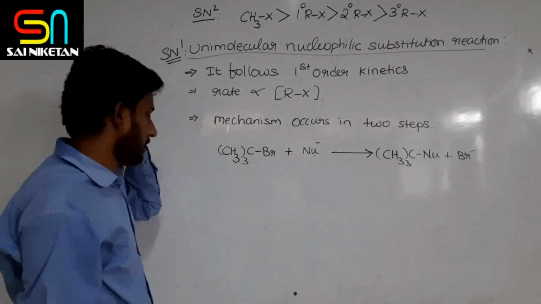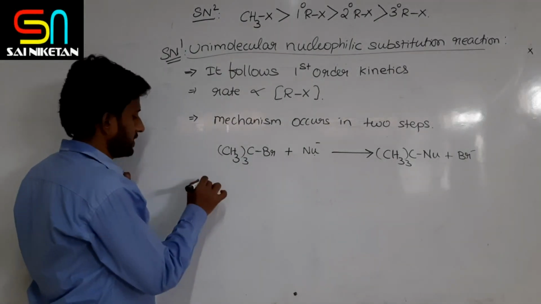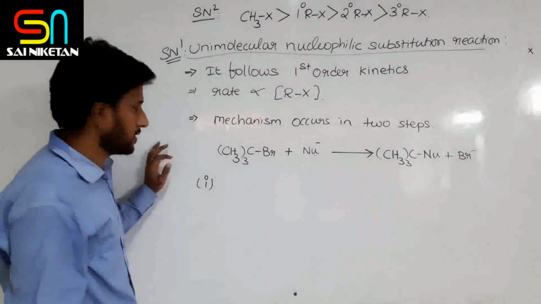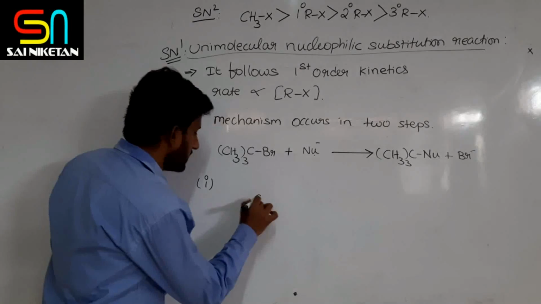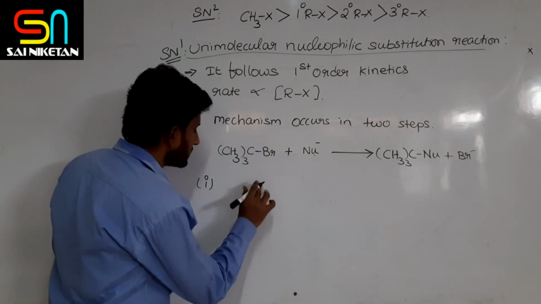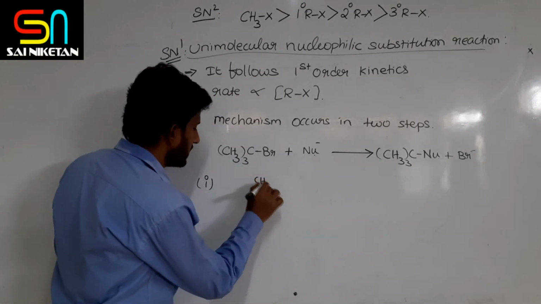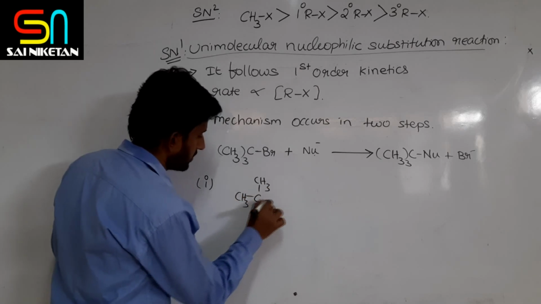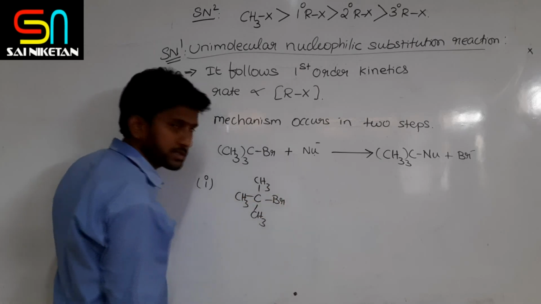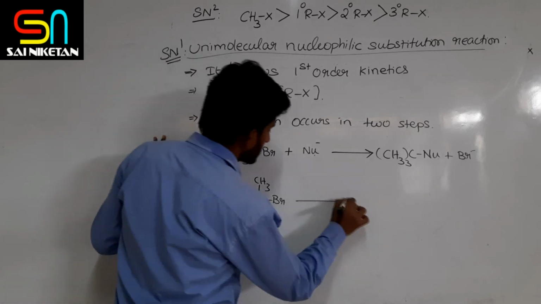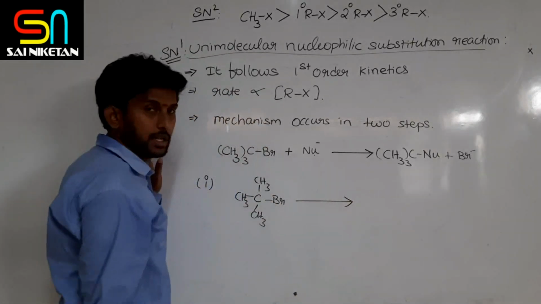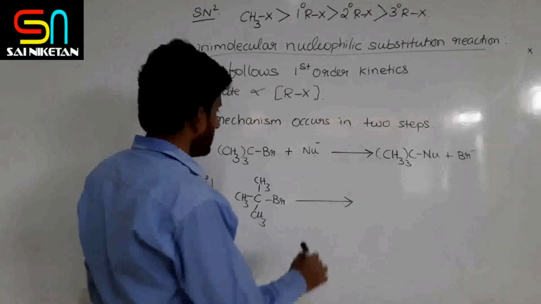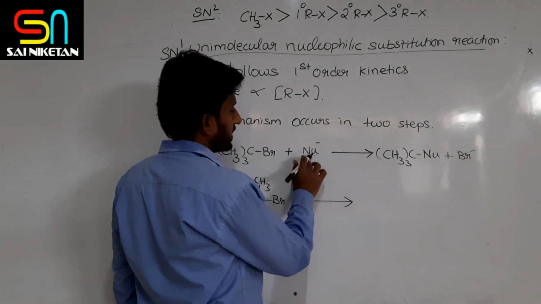How it is taking place in two steps is, the first step from the tertiary butyl bromide: elimination of halogen takes place. It can be removed with, for example, KOH.